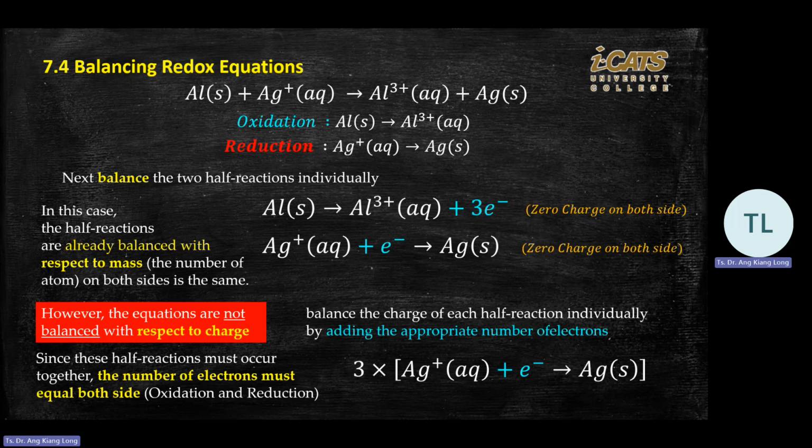How do you find another 2 electrons? A minimum of 3 electrons is involved in the process. So how do you balance the equation? You multiply the Ag equation by 3 to get the 3 electrons. Understand? That's why I write 3 here. You need to balance the equation.